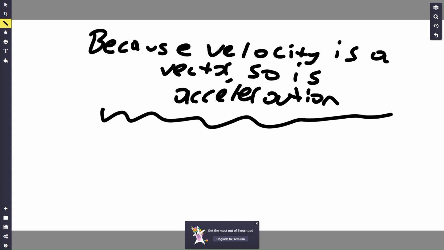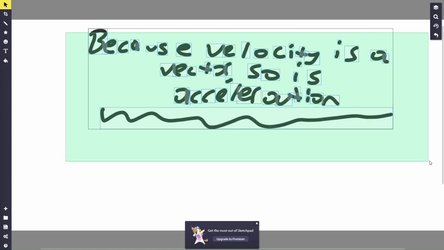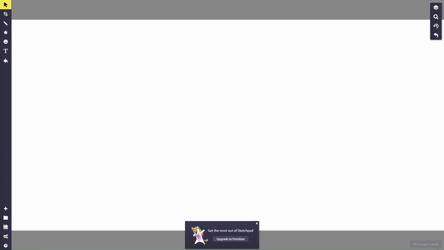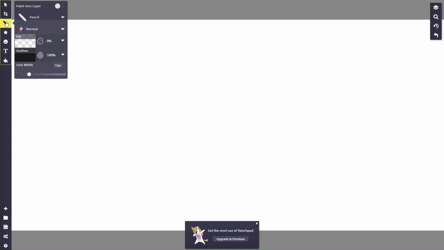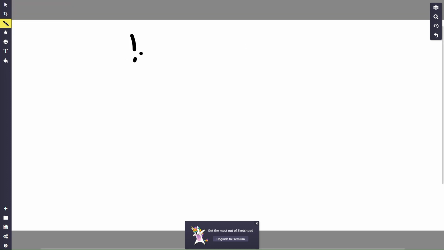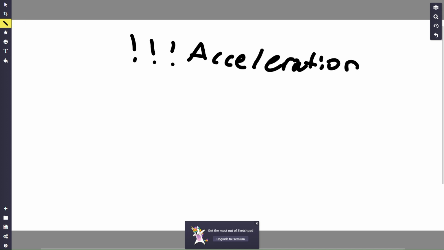Now this is the most important idea of this lesson. This is a very, very important thing to note. Acceleration does not just mean speeding up.